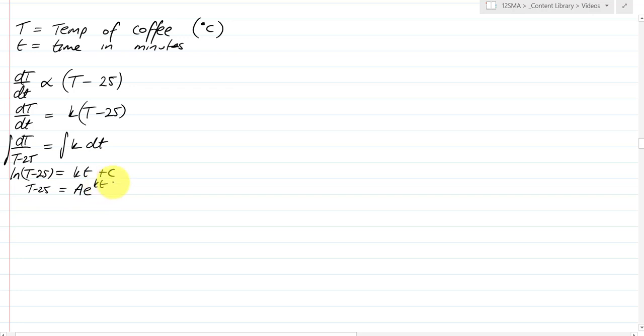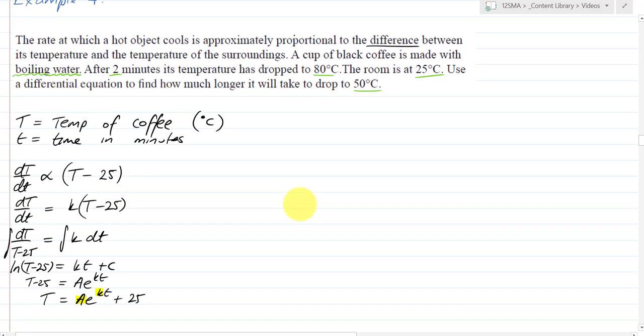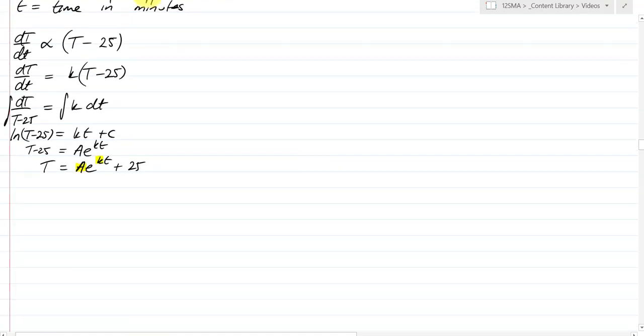I've skipped the e to the kt plus c and gone straight to the A version, and therefore T is equal to A e to the kt plus 25. So I have my temperature in terms of time, but I'm dealing with two unknowns, which is pretty standard. Going back up, I know that the initial temperature is 100 degrees, that's my assumption, and T2 is 80 degrees. So T0 equals 100 degrees Celsius.